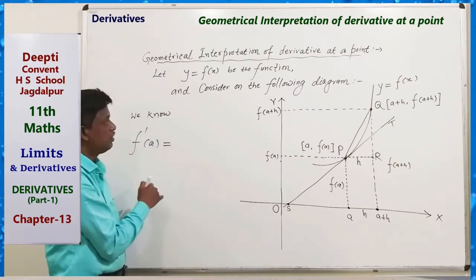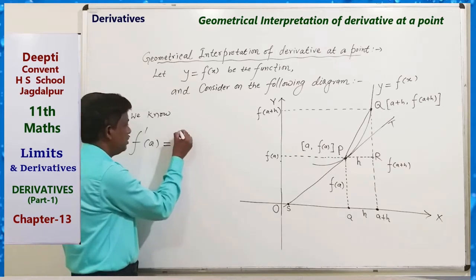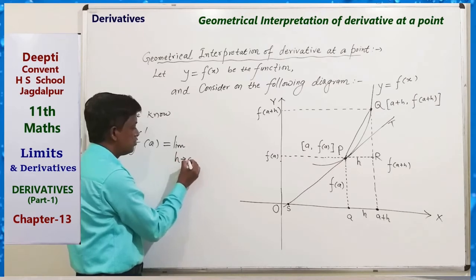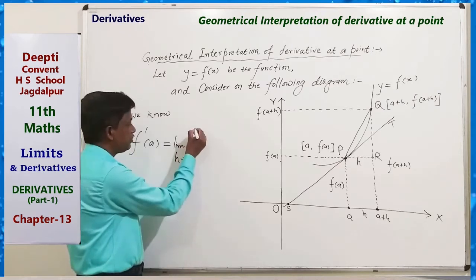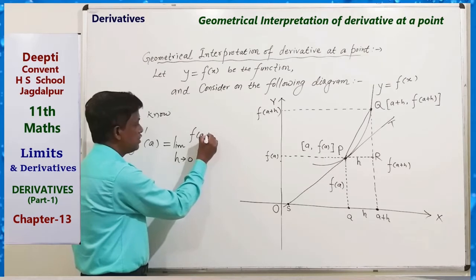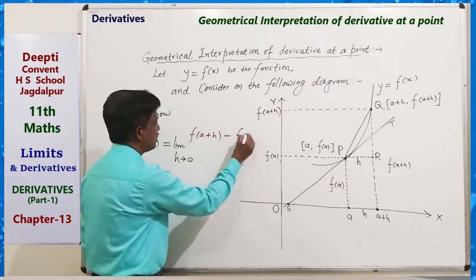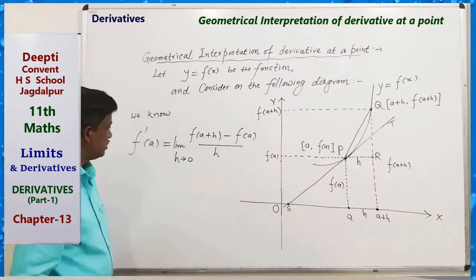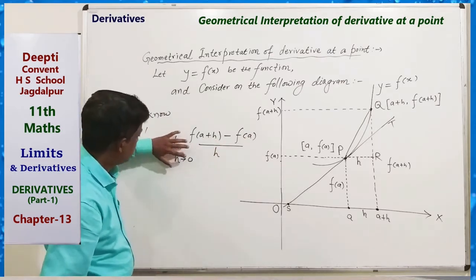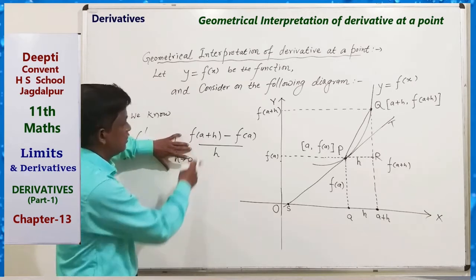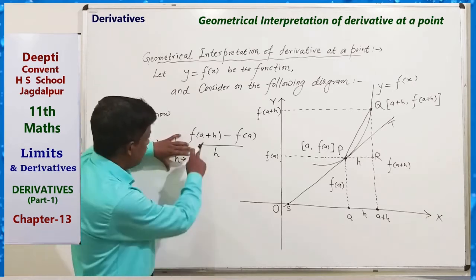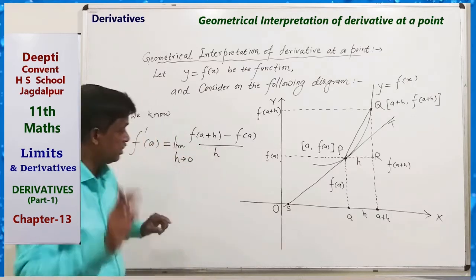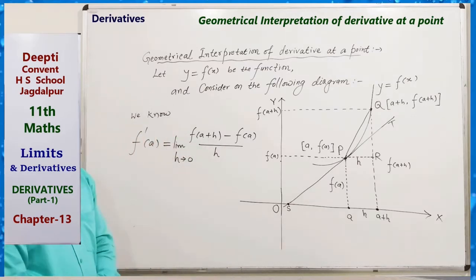We define the ratio: limit h tending to 0 of (f(A plus h) minus f(A)) upon h. Okay, just see up to this. Accept this like this. The definition of derivative is this.